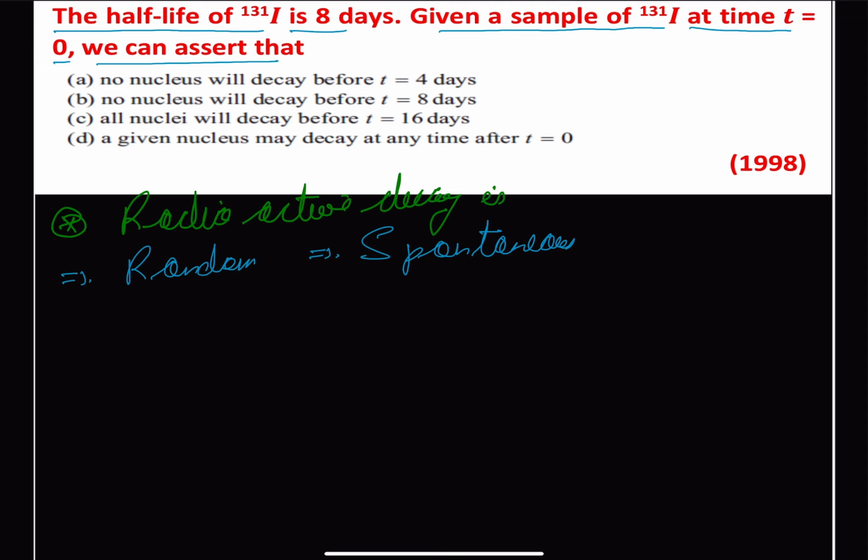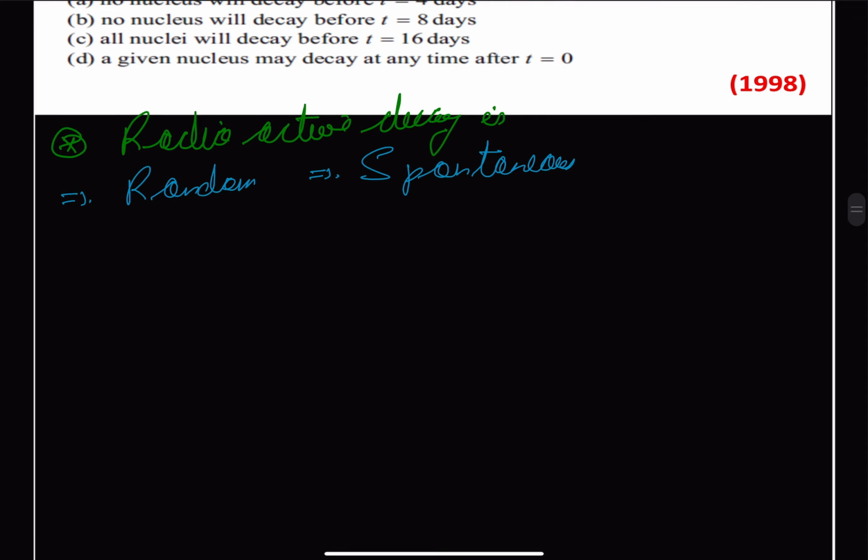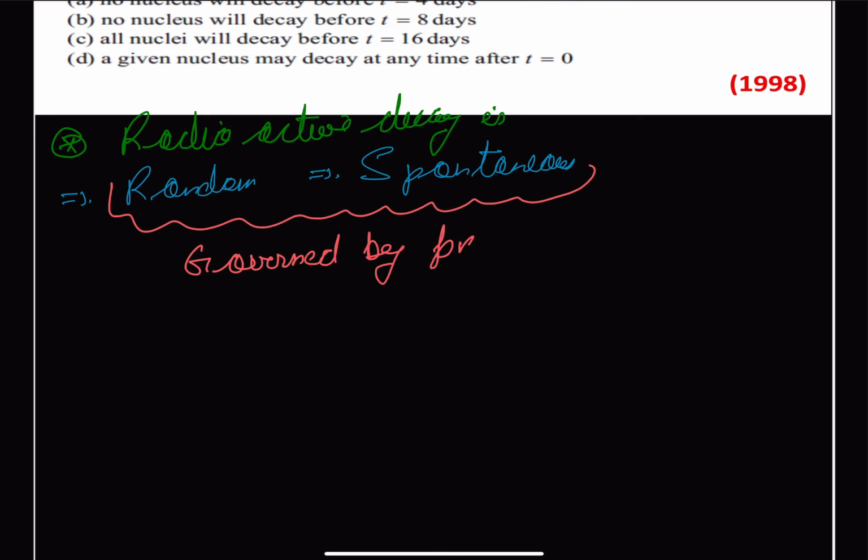But both these processes are governed by probability.